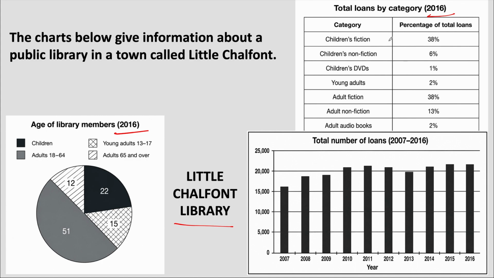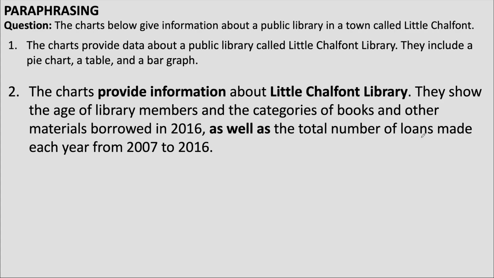So first we mention these and then we mention the bar graph. So we have written the charts show the age of the library members and the category of books and other materials borrowed in 2016, as well as the total number of loans made each year from 2007 to 2016.